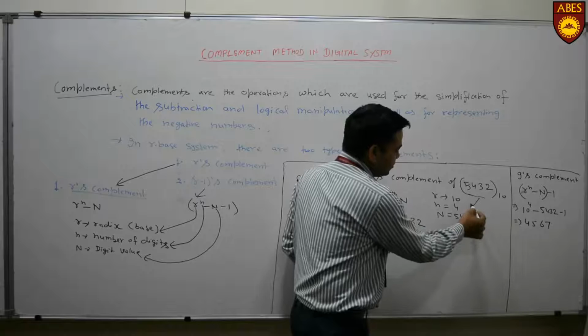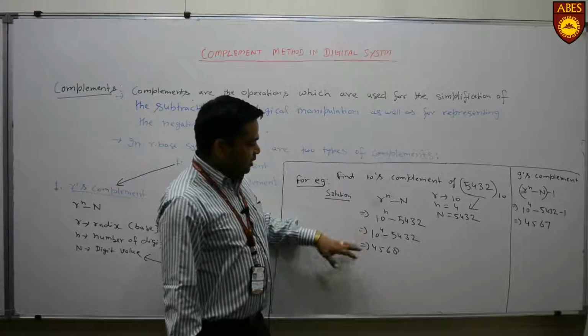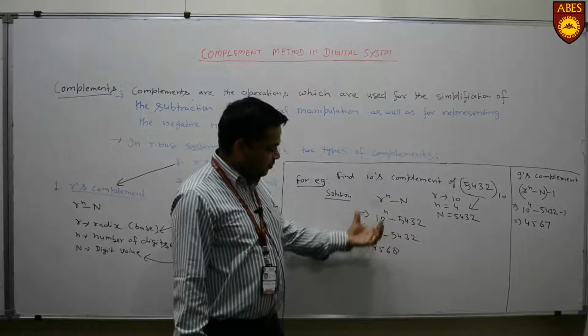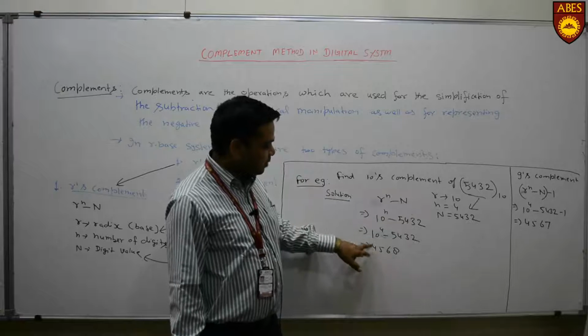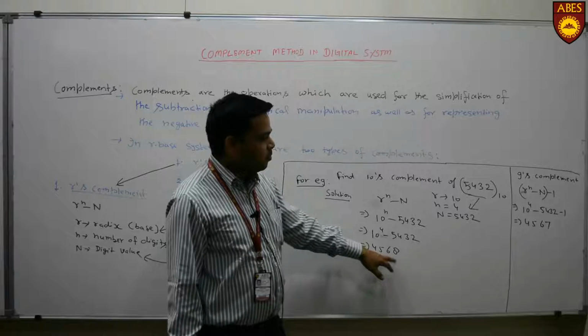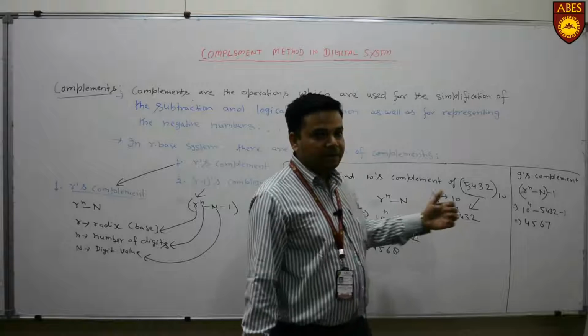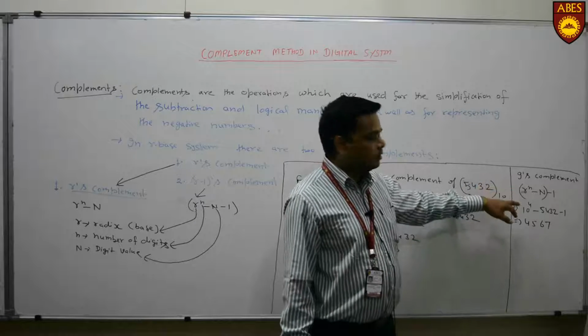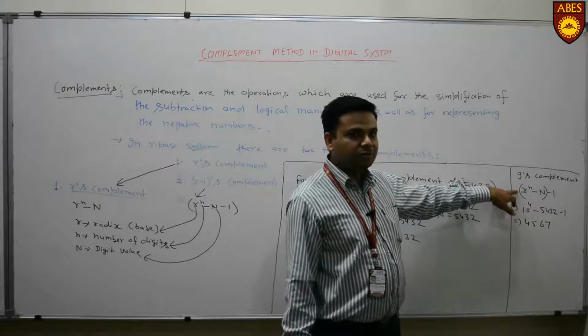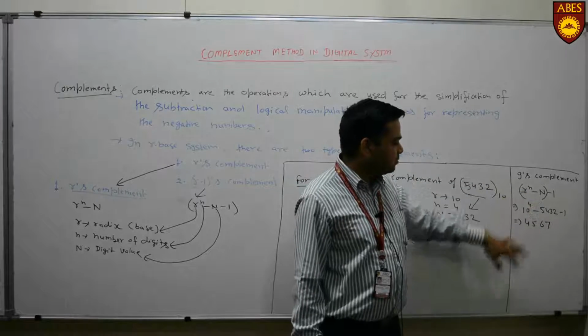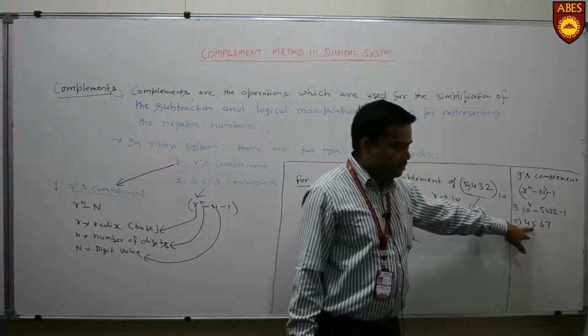If we apply this formula over this number, we obtain this answer. Similarly, if we find the 9's complement, we apply the formula r raised to power small n minus capital N minus 1, and we will get this number.